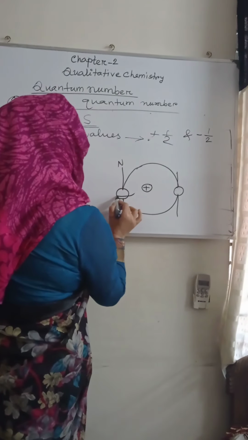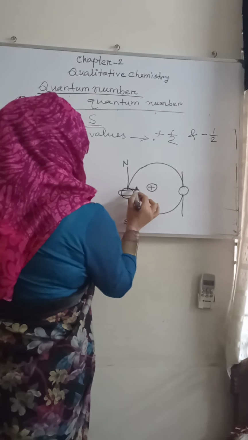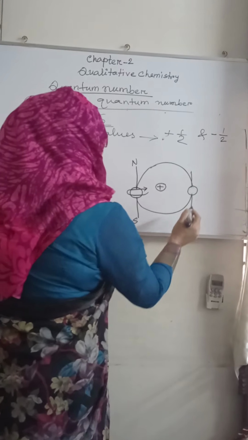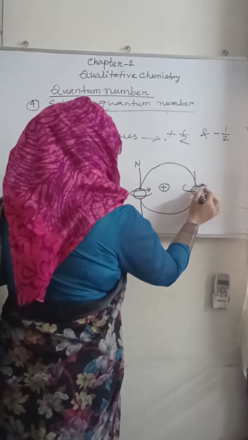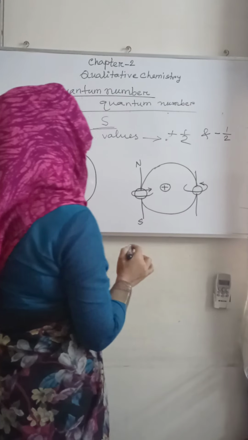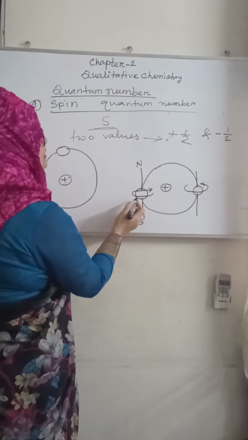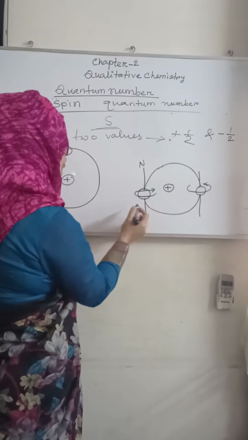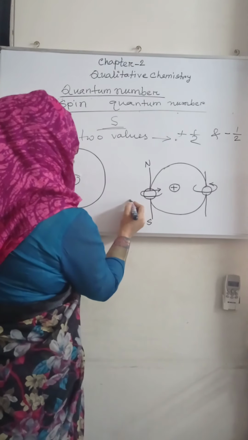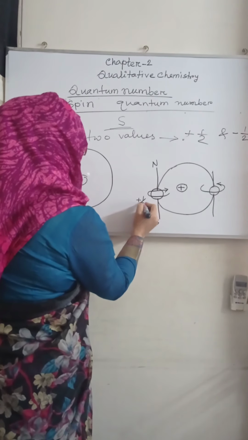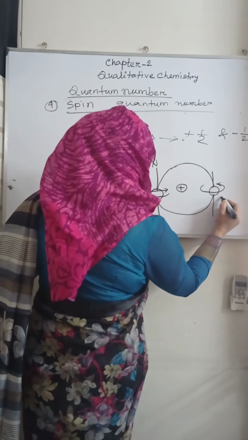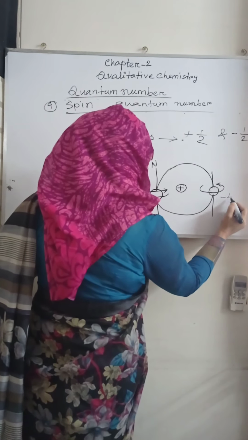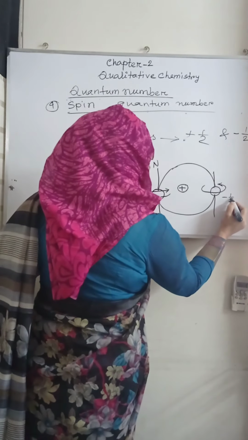This electron moves clockwise, and this electron moves anti-clockwise. When the electron moves clockwise, its value is plus half, and when the electron moves anti-clockwise, its value is minus half.